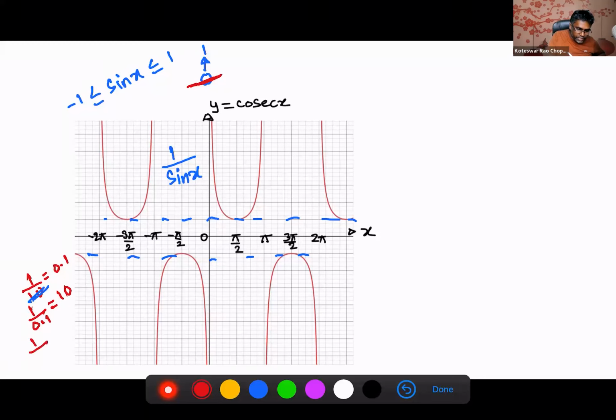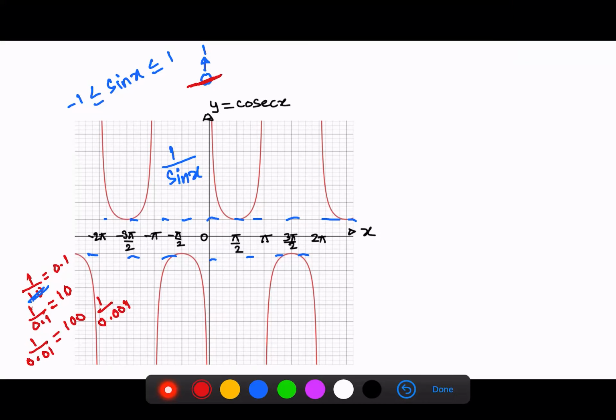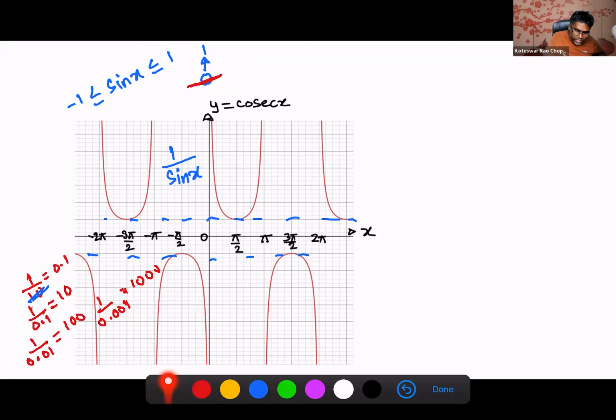How about 1 by 0.01? It will be 100. How about 1 by 0.001? That's 1000, sir. How about if I put another 0 between the decimal and the 1?